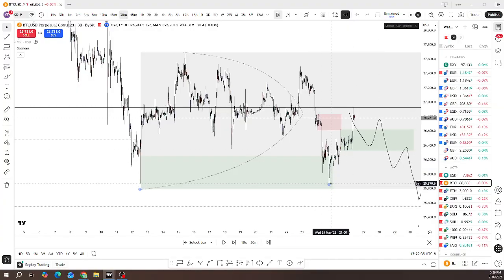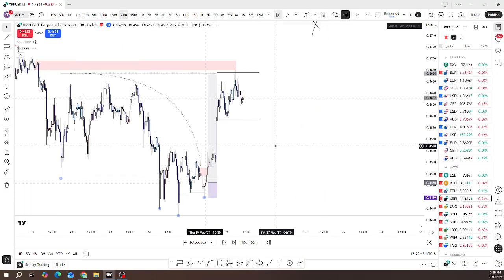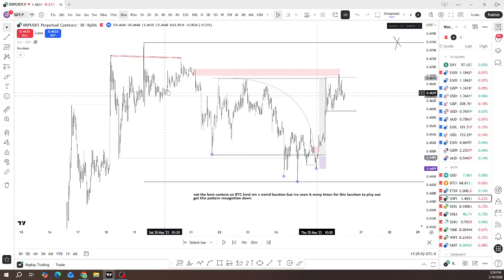Aggressive move inside of a compression. It would have been much nicer just to sweep that low. If we'd swept that low, then it's super clear. The fact that you front run the low makes it a bit more difficult to want to trade this, although you could have just used it as a hedge for this guy.